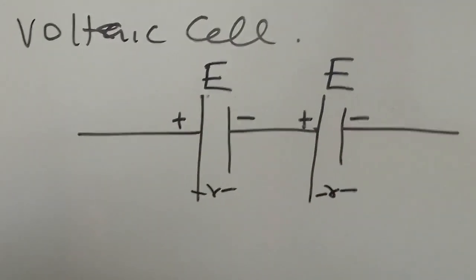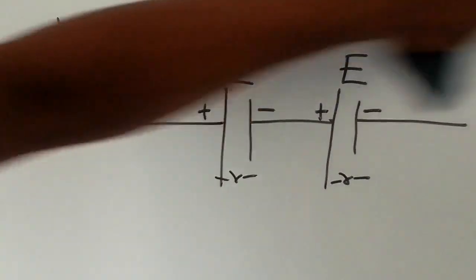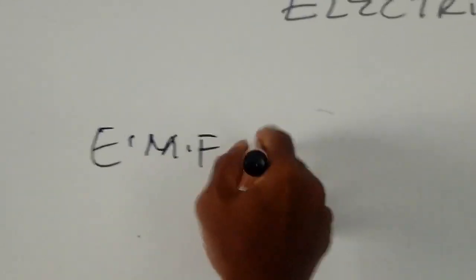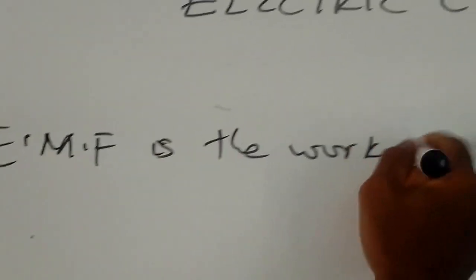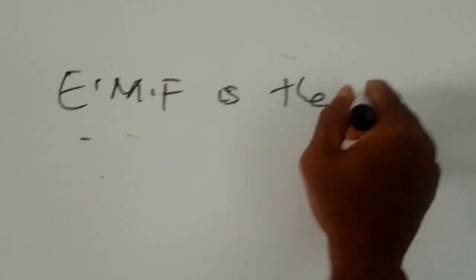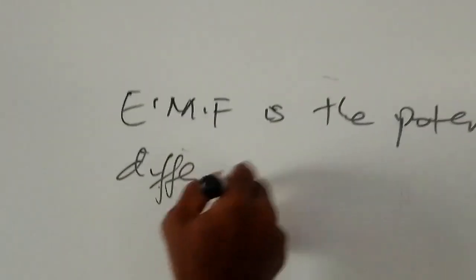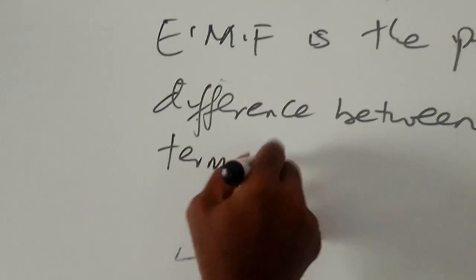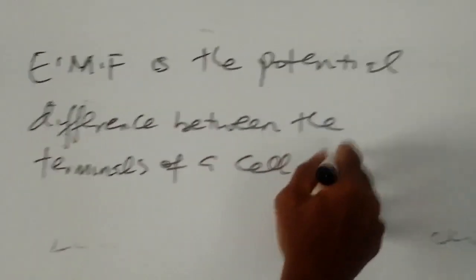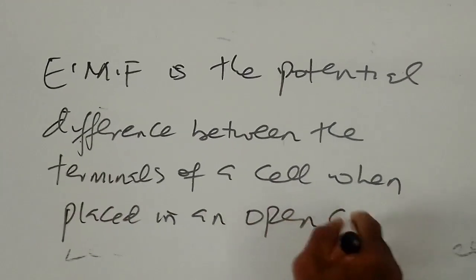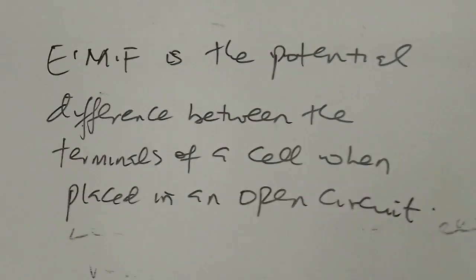The electromotive force, which is also known as EMF, is defined as the work done in taking, or we can say the potential difference between the terminals of a cell when placed in an open circuit. That is the electromotive force, which is represented using E.